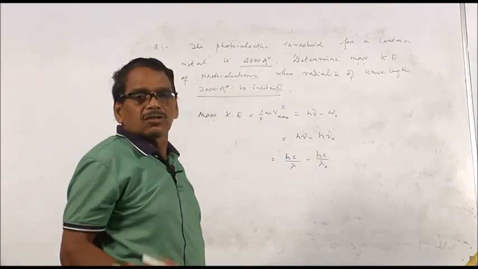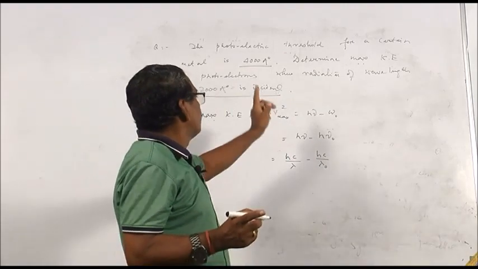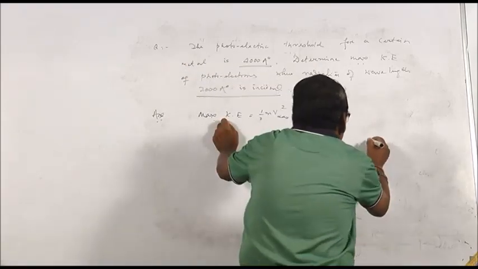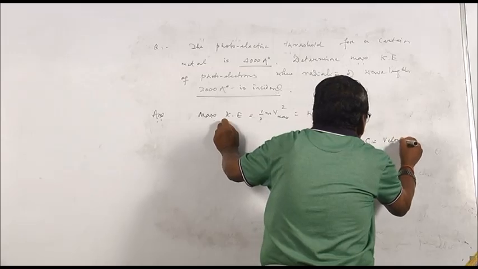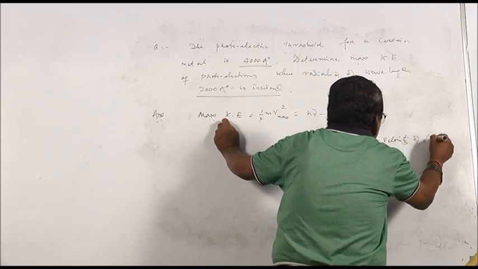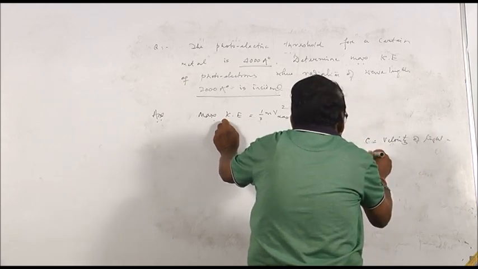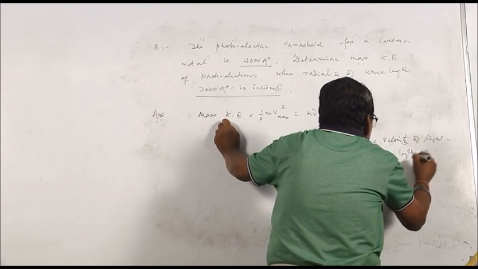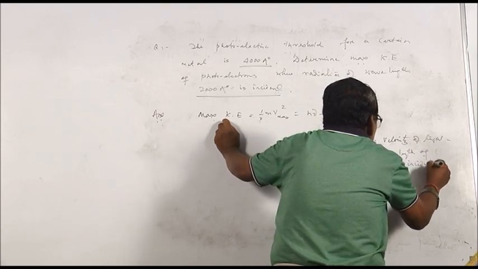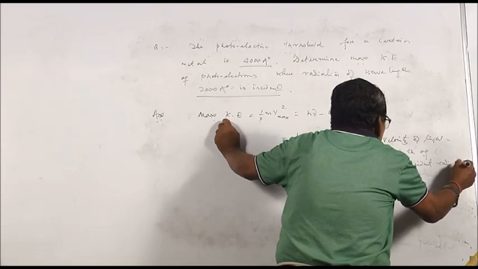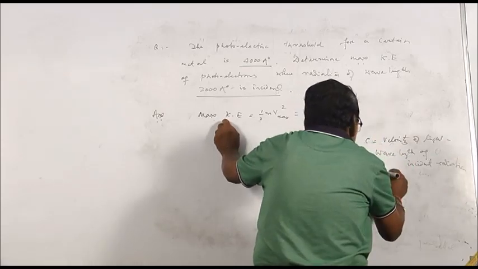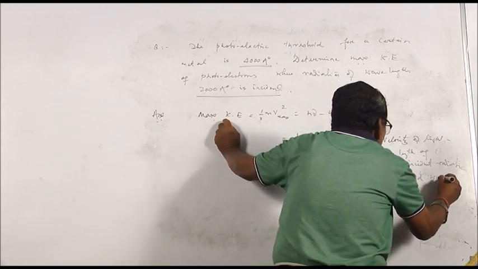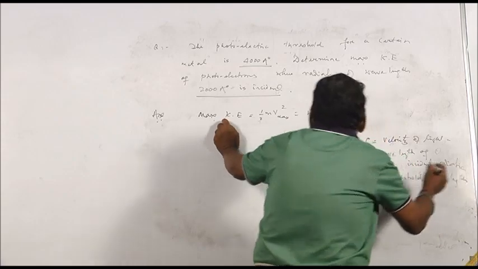Here c is the velocity of light, lambda is the wavelength of incident radiation, and lambda 0 is the threshold wavelength.